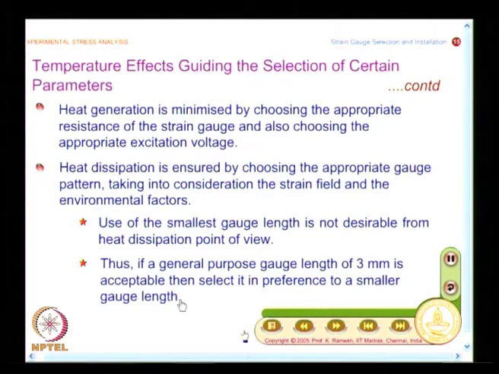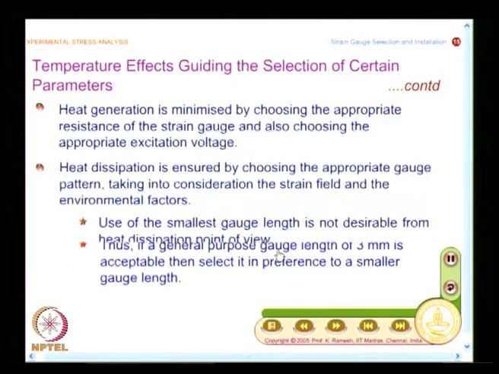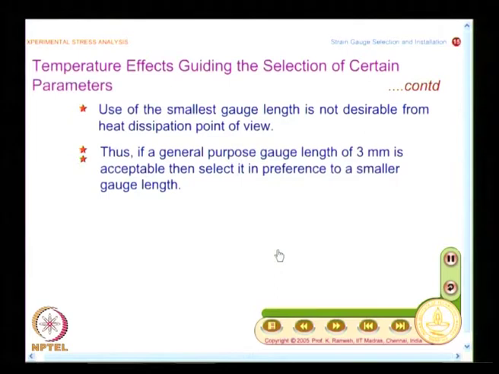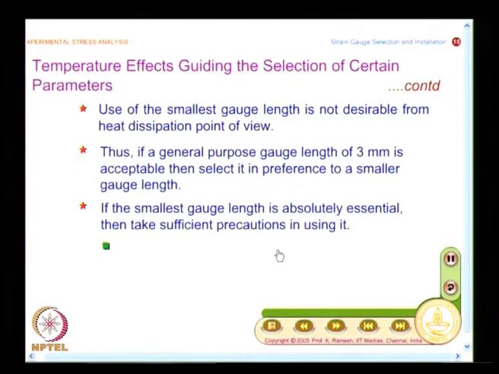This is the recommendation. You need to go in for selecting a longer gauge length from the heat dissipation point of view than what you would normally do if you are not exposed to strain gauge technology.